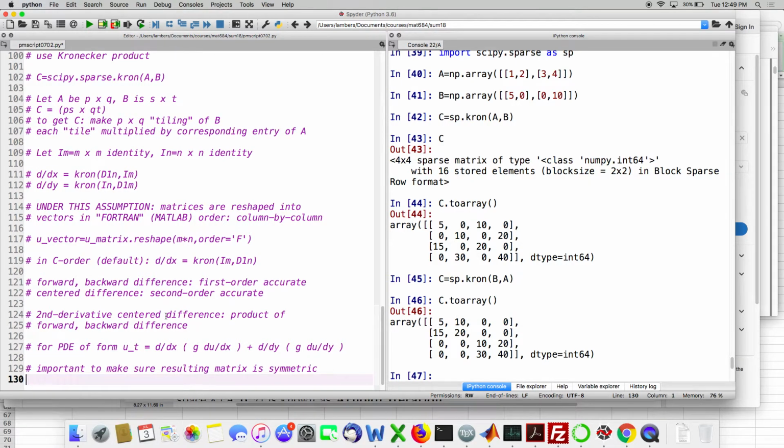If you use forward here and backward here, or vice versa, the matrices for forward and backward difference are negative transposes of each other. So by using one here and the other one here, that guarantees the matrix is symmetric. In that exercise, there's also an approach using a staggered grid of a coefficient that also gives you a symmetric matrix. It might actually be a better choice all the way around.